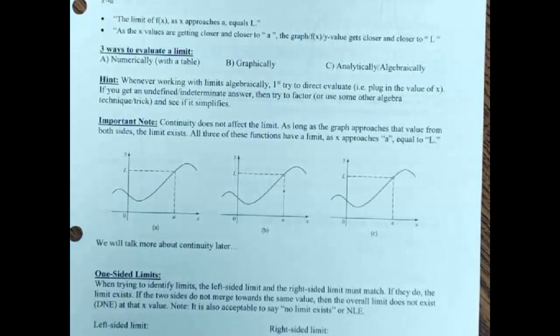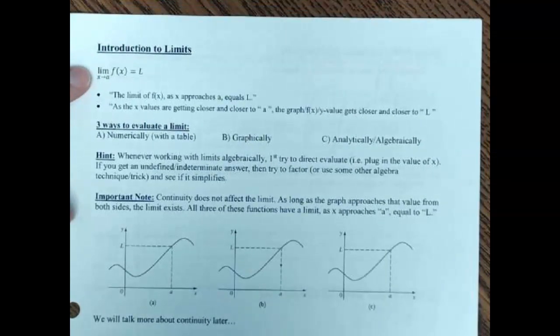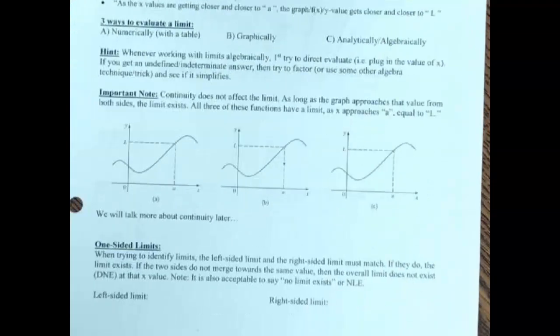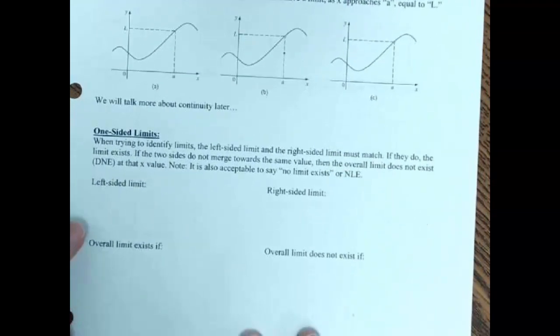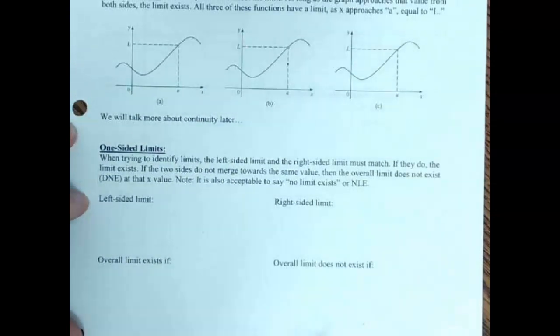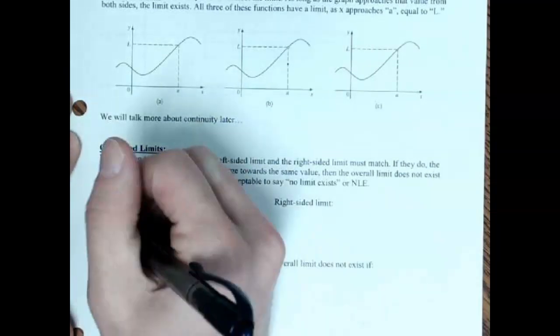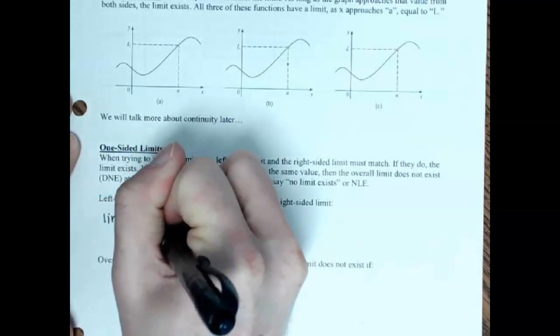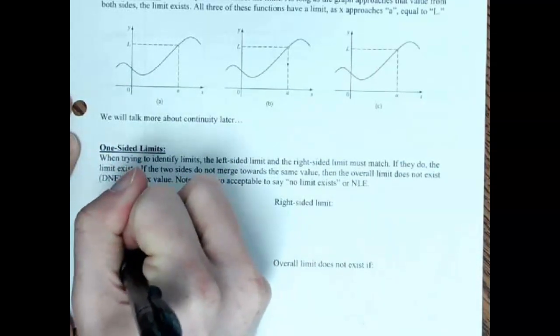Okay, so let's look at some more notation. This is the overall limit notation, but we also have specifically one-sided limit notations. And of course, the one side would be the left side and the right side. So let's go through and look at these notations. The left-sided limit notation, we would write it as the limit of your function as x approaches a.